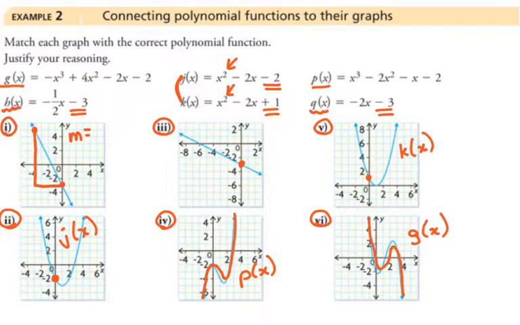Counting, we are going from the left point, we are going down 1, 2, 3, 4, 5, 6, 7, 8. And since we are going down 8, that has to be negative 8. We are going over 1, 2, 3, 4. That would simplify out to -2 for the slope.